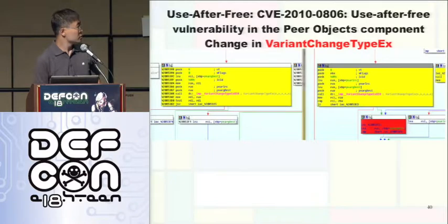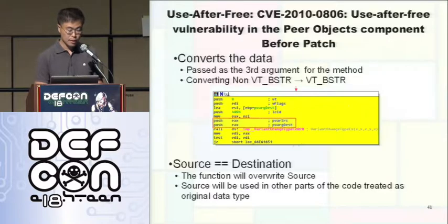There is some change inside the VariantChangeTypeEx call. In the original one, VariantChangeTypeEx takes a first and second argument, and the first one is the destination, and the second one is the source.